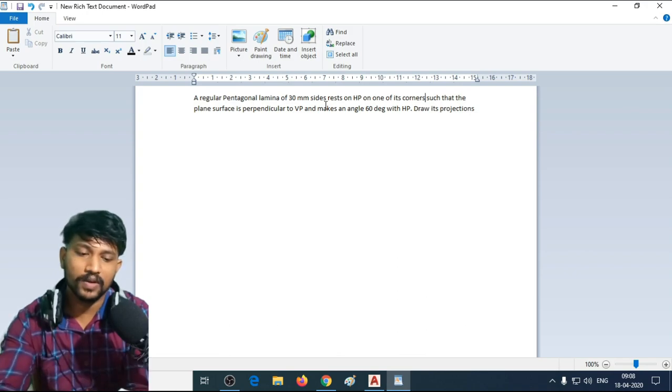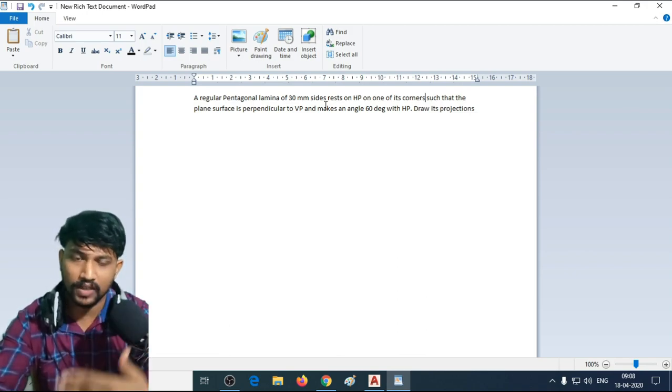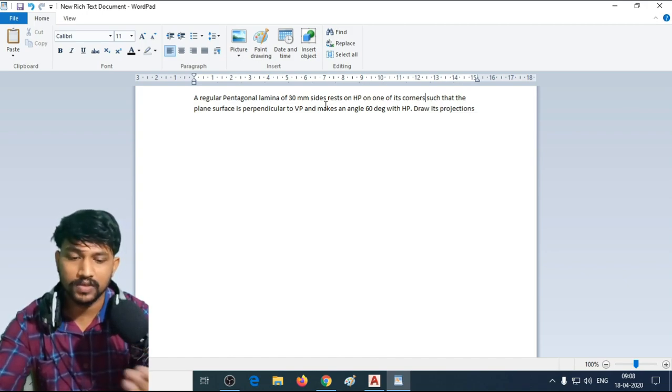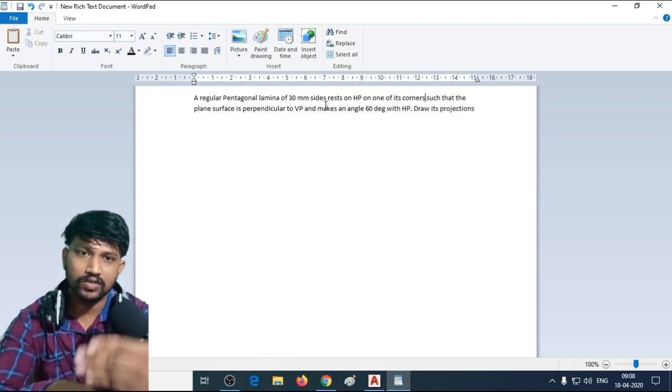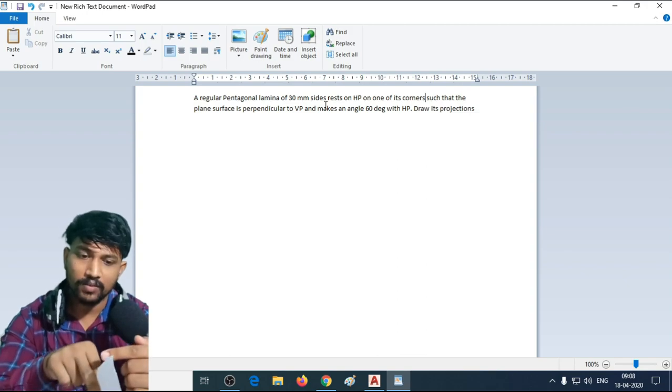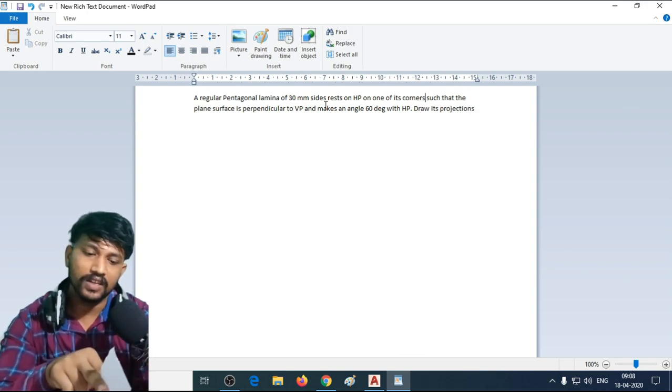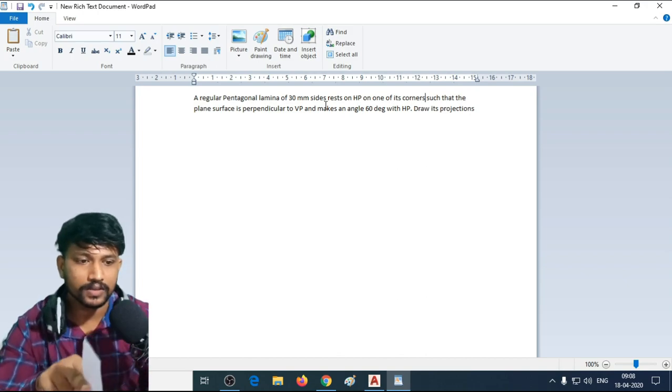This is not perpendicular to the vertical plane. The vertical plane will be like this, and the plane surface here is also this way, which means the vertical plane and the surface will be parallel. That's why you need to rotate this by 90 degrees, so that the vertical plane will be like this and the pentagon will be like this, resting on the horizontal plane on one of its corners.